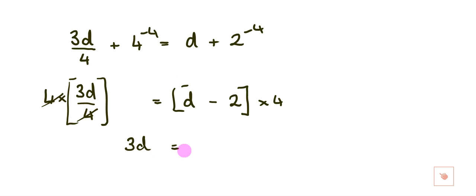What's on the other side? All of this, but 4 times. What do I end up with? D minus 4Ds. Oh, 40 minus, and subtract 8.